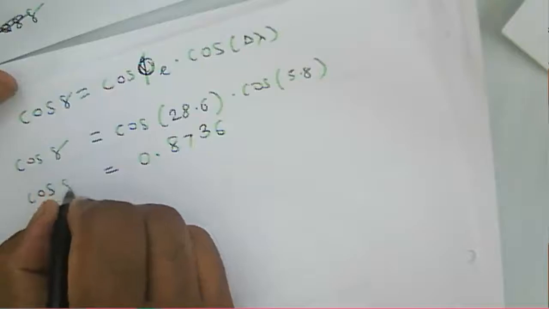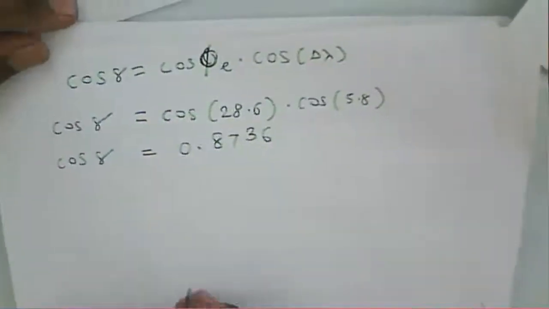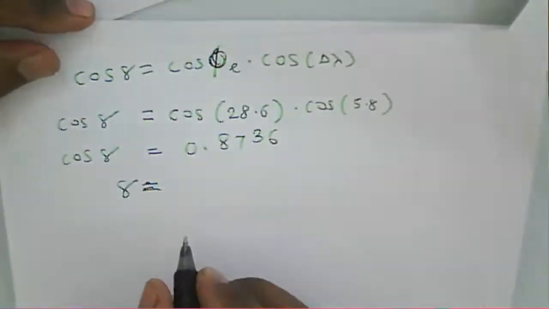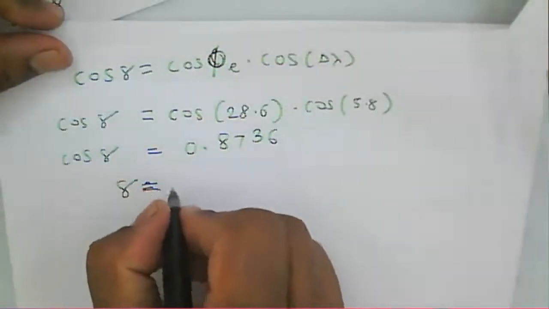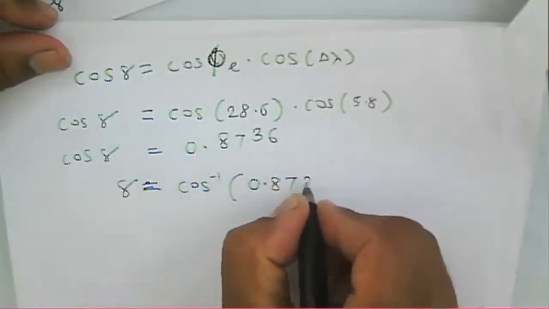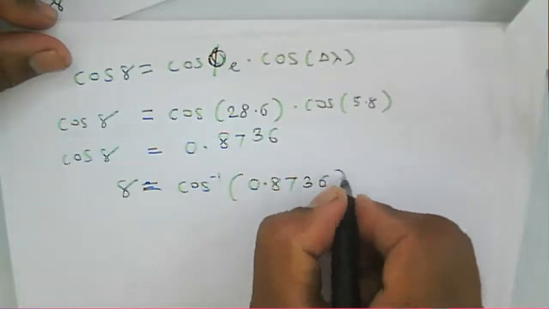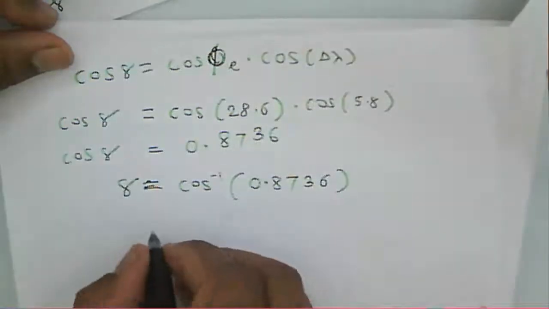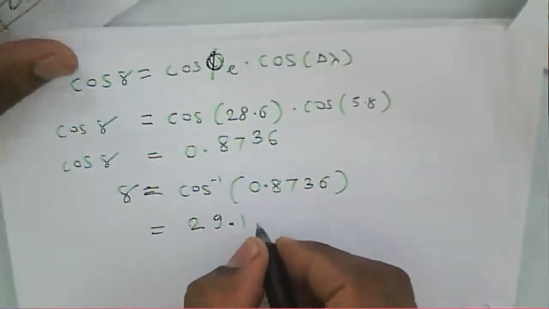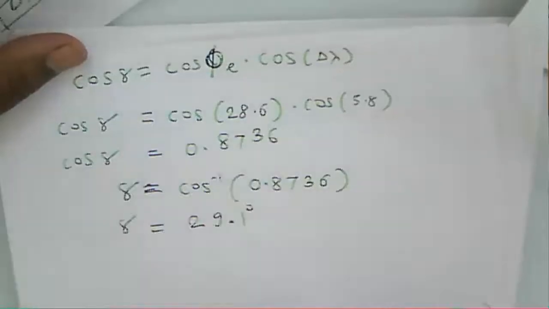And then we have to find what will be the central angle gamma here. That is equal to cos inverse of 0.8736, and after solving we'll get 29.1 degree. That is the central angle.